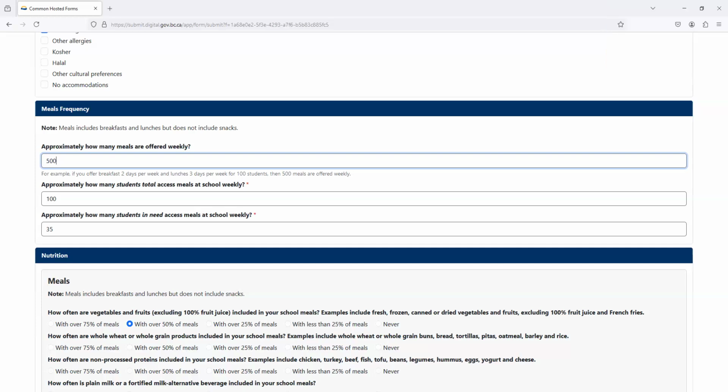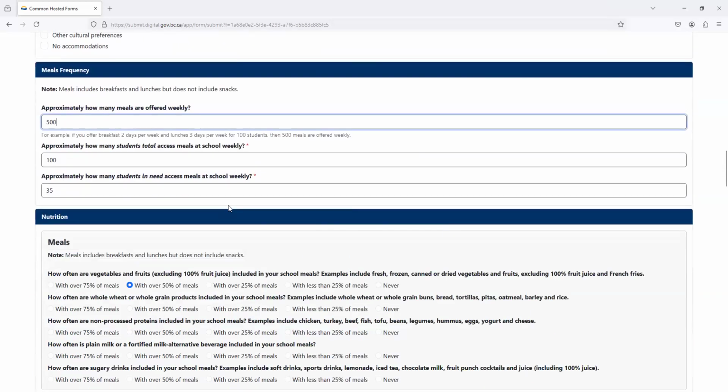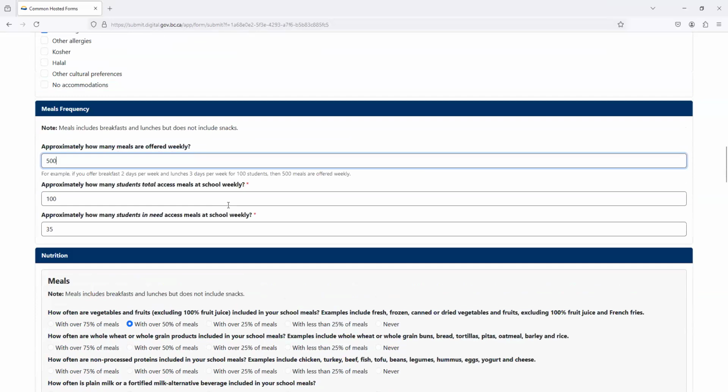Sorry, Rocio, so for the meal frequency, we're writing 0 if we're not offering meals weekly. And for the other two questions, approximately how many students are in need and total access, do we still put in numbers if we're doing snacks? Or do we just do 0, 0, 0 if we're just doing meals occasionally?